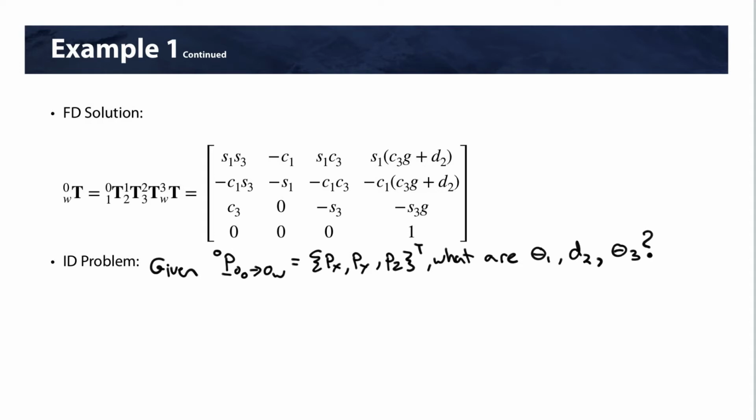Those variables correspond to the position of our wrist center, which corresponds to the 4th column of our homogeneous transform here. So we're going to be using the 4th column in our inverse displacement solution.